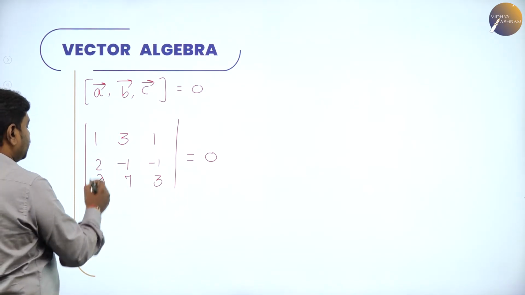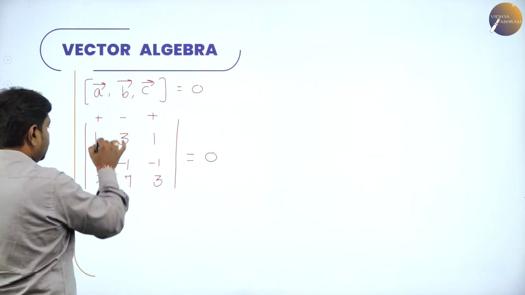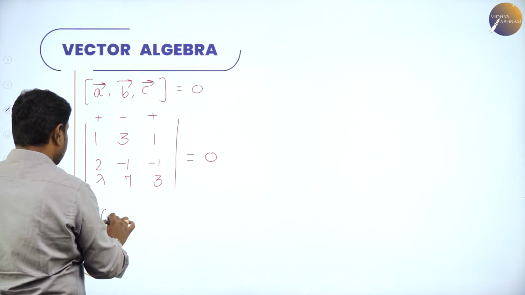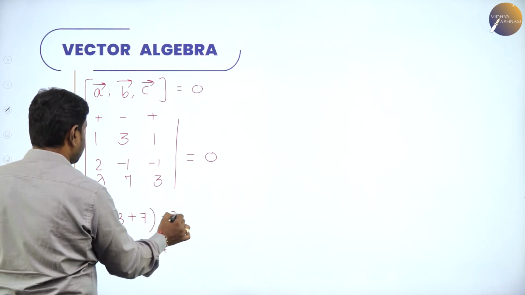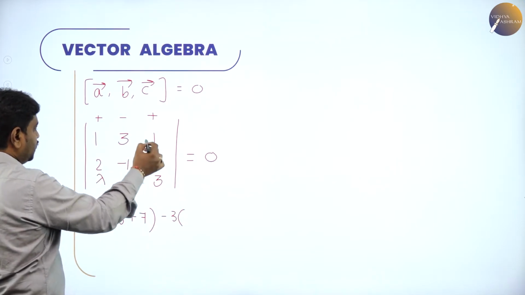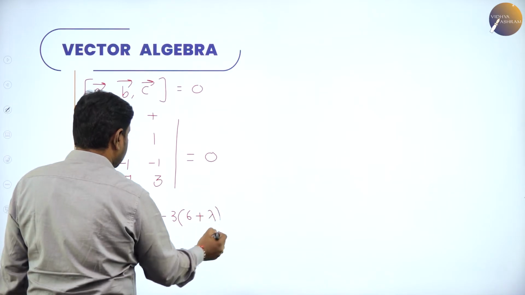You know how to expand a 3 cross 3 determinant. This is plus, minus, plus. 1 into, delete the column, delete the row, minus 3 plus 7. Minus 3 into, delete the column, delete the row, 6 minus of minus becomes 6 plus lambda.